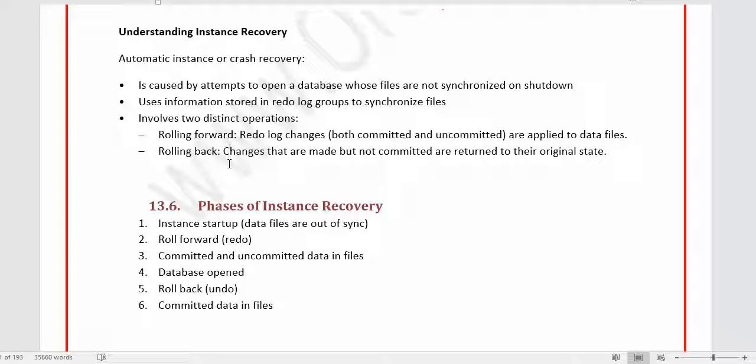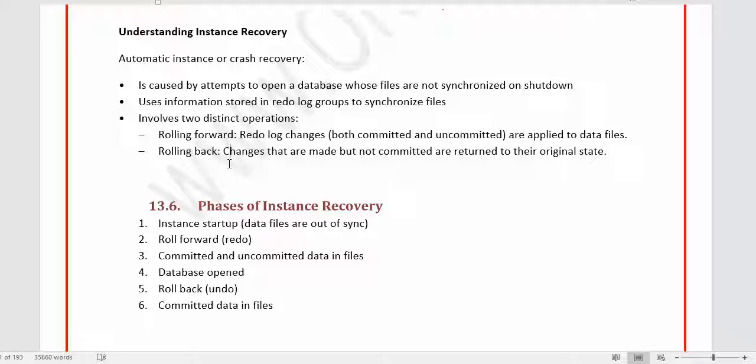Consider at 10 o'clock you have performed transactions and they are committed. At 10:05 these committed data blocks are not yet saved in the disk. Consider we have 15 transactions happened, out of which you have committed 10 transactions and rolled back 5 transactions.